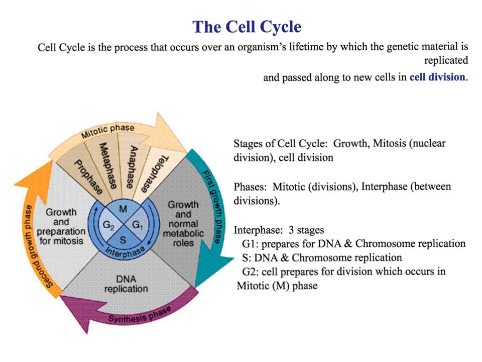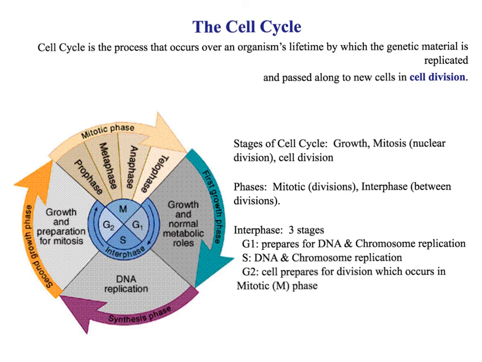And its big purpose, aside from replenishing sloughed off cells, is that the genetic material is replicated in that cell division, and it's passed along to the new cells when that division happens.